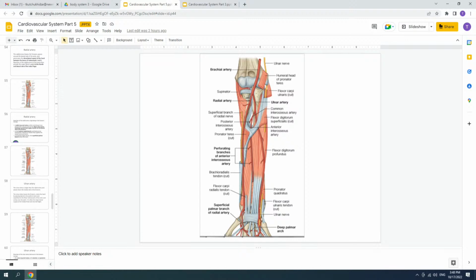Okay, so around here it is creating the anastomosis and supplying the elbow. After that, it is branching again and creating our superficial palmar branch of the radius here at around the first and second metacarpal bone.